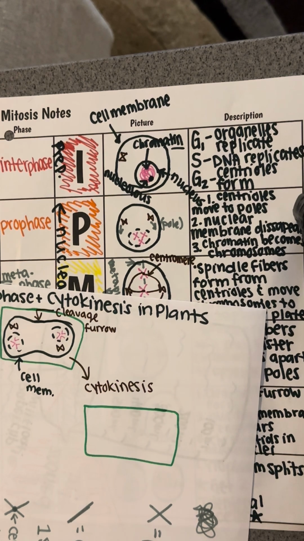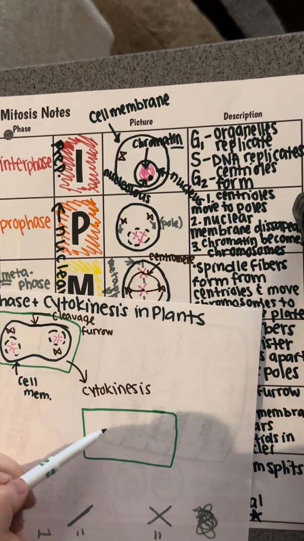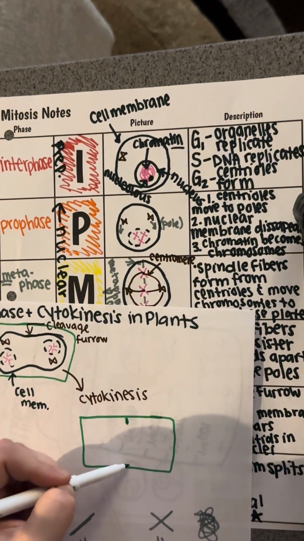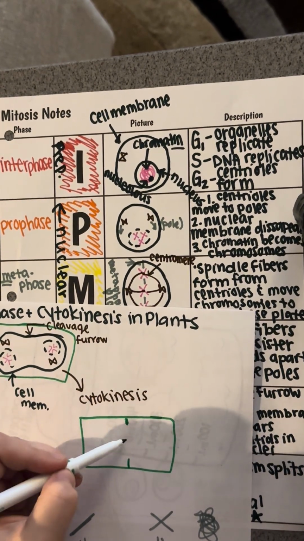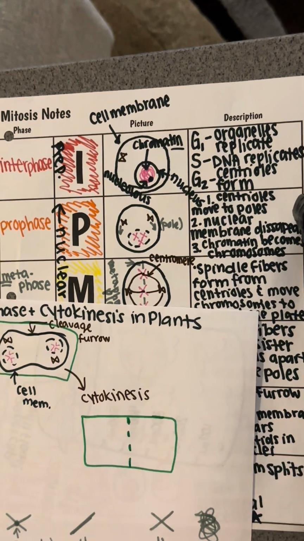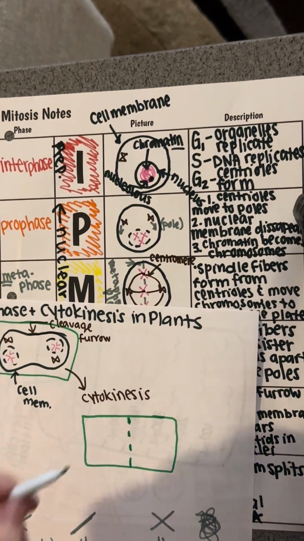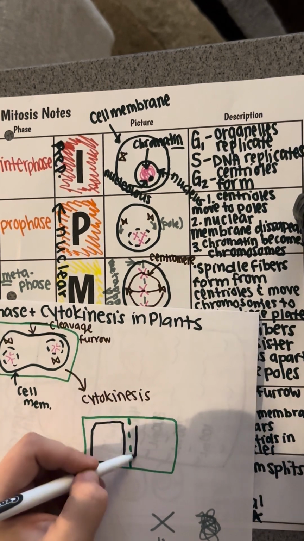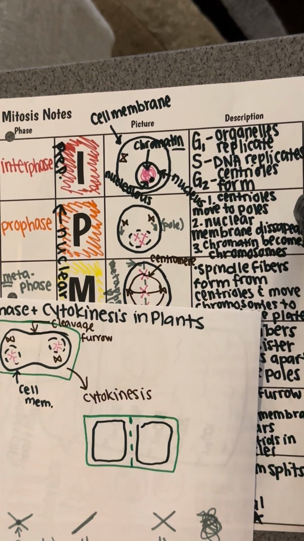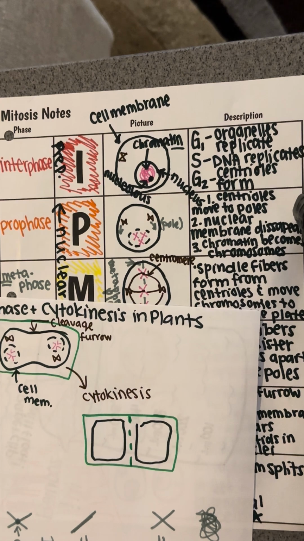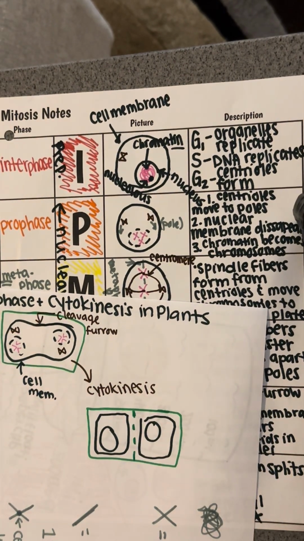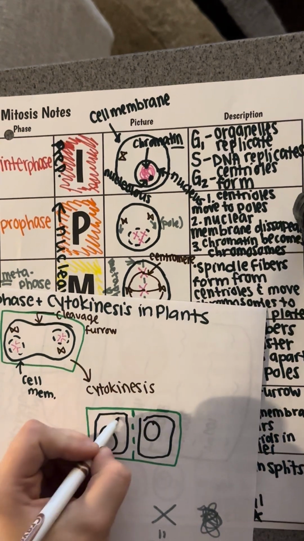So, imagine this is on the inside here. The cell wall is just going to slowly start to build and build. We're going to see that the cell membrane does eventually pinch off and we get our cells on the inside.